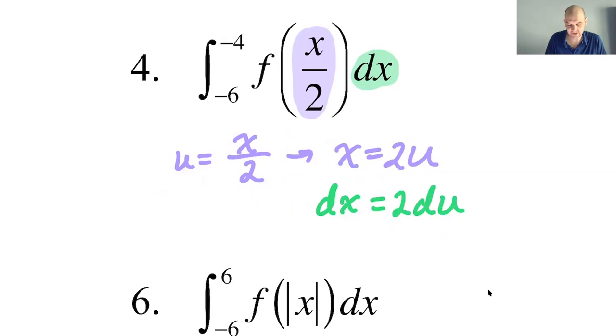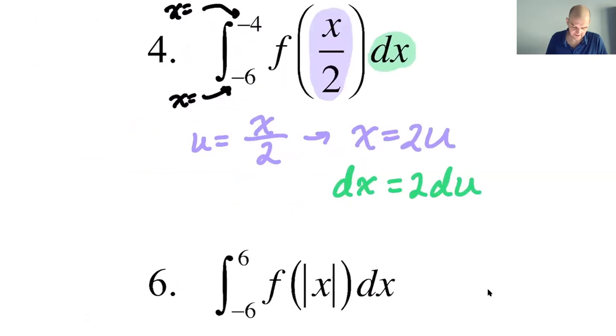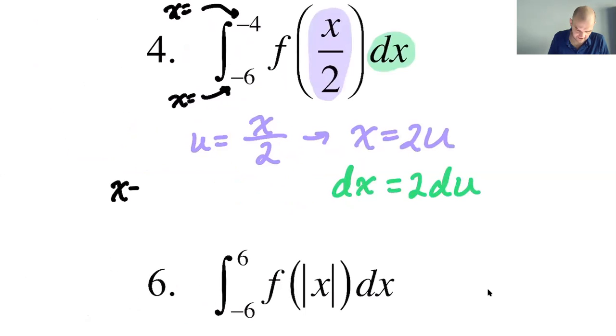The problem, it's not really a problem yet until we mess it up, is that this is dx, this is x equals -6, and this is x equals -4. And what we're doing is changing everything to u. So when x is equal to -4, u is going to be -4 divided by 2.